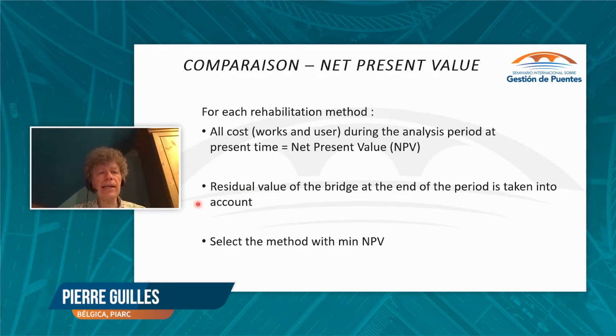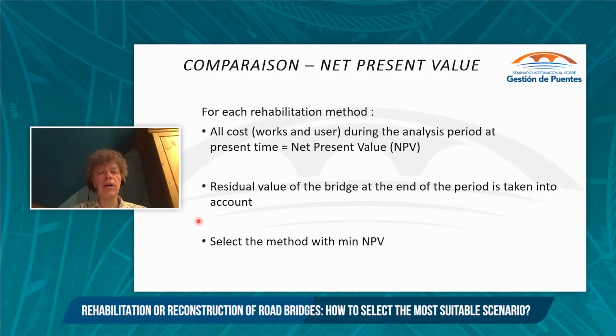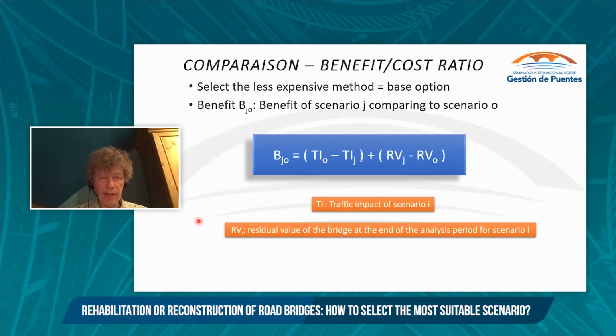And so, taking these two aspects, I can determine the net present value. And well, the idea is to select the method with the lower net present value. The second method to compare is to minimize the benefit cost ratio.